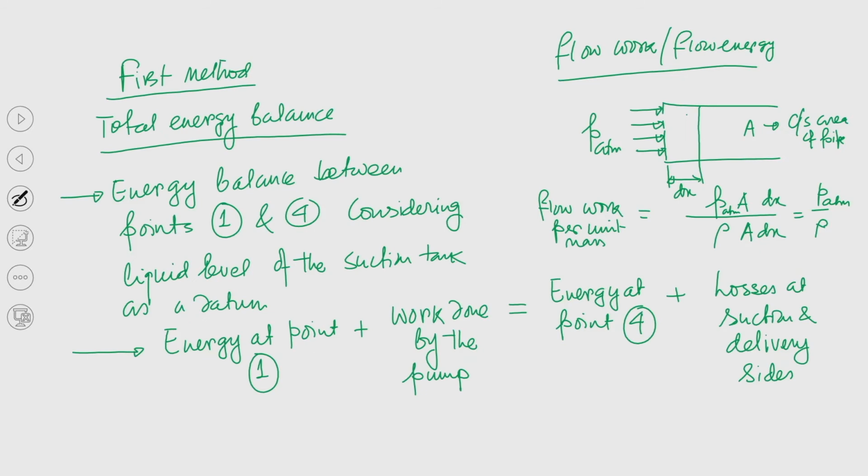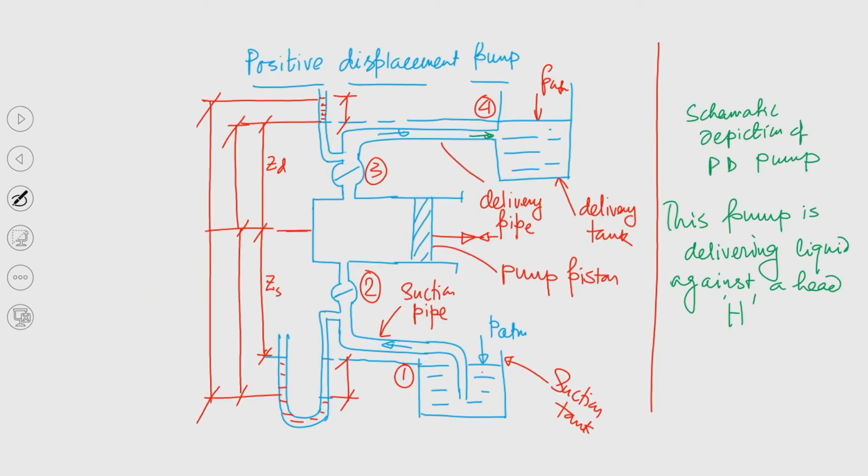Here you try to understand, I am coming back to the schematic depiction, and this schematic will help us understand why we need to go for the second option. What is the second method? That is nothing but a separate analysis of the energy balance at the suction side and delivery side. But why do we need such an analysis?